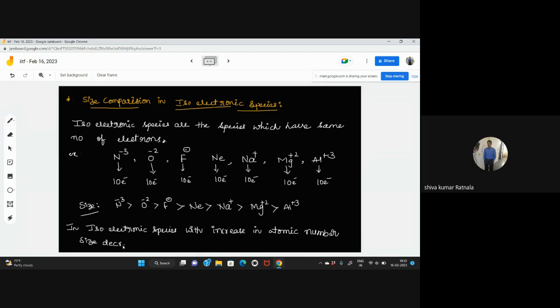Can I write like this for your remembrance? Yes, sir. Yes. This is only isoelectronic species and its comparison, nothing else. Have you understood how atomic size is going to change?